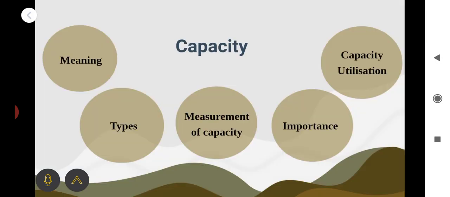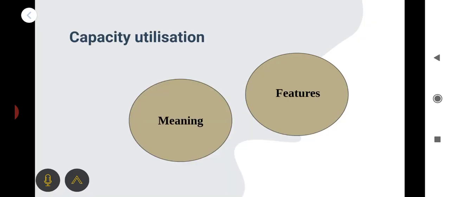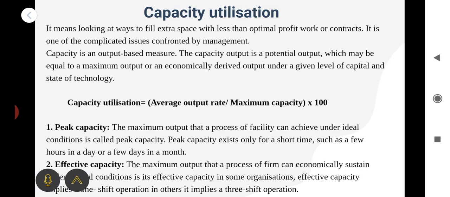Then the last discussion area today is capacity utilization. We have already discussed what is meant by utilization and what is meant by effectiveness. Utilization means looking at ways to fill extra space with less than operational profit work or contract. It is one of the complicated issues confronted by management.